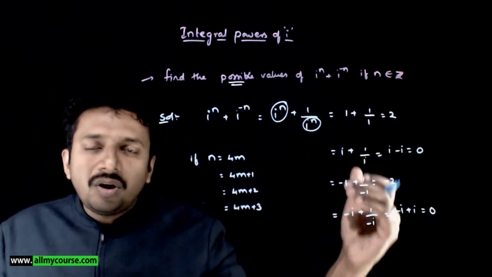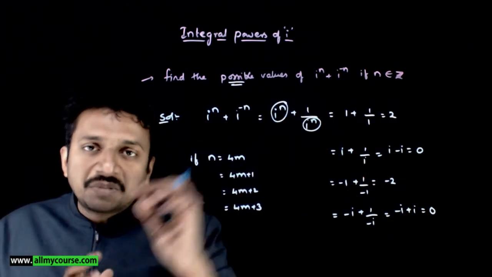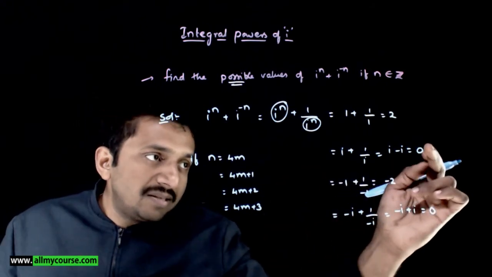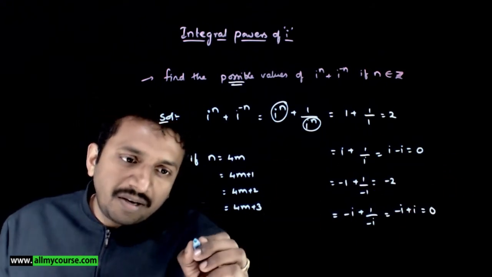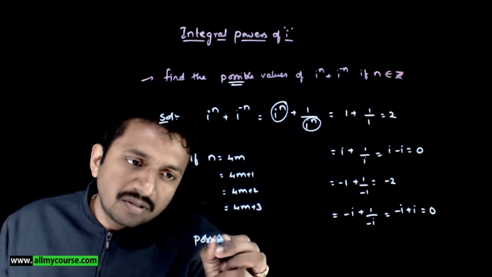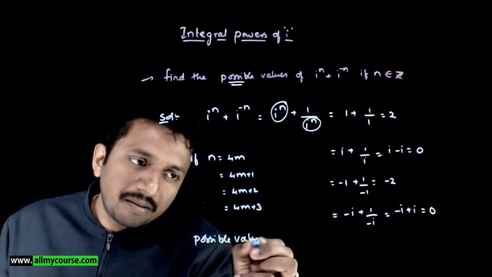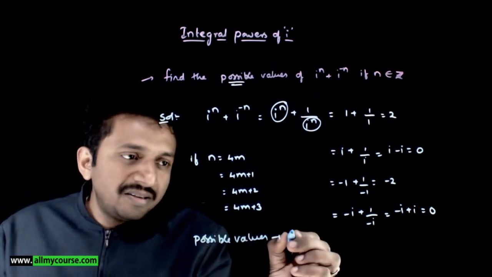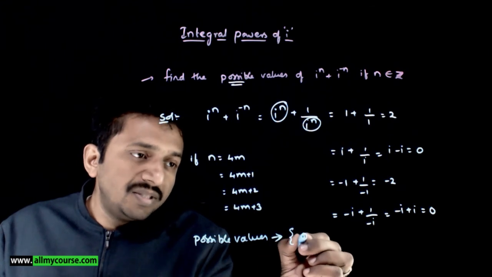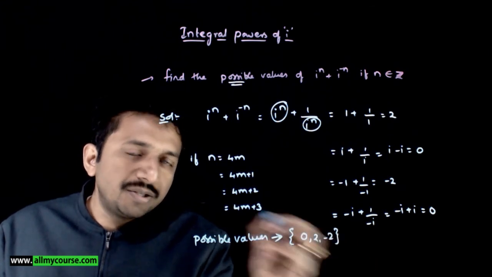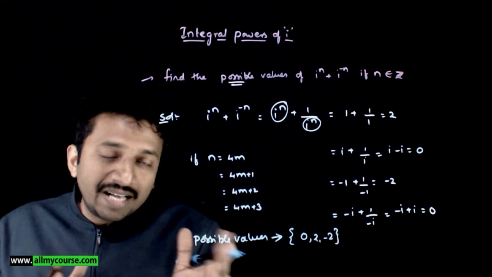So these are the 4 different values possible for this expression. But as you can see, these two are same. So effectively, the possible values are nothing but 0, 2 and minus 2. So that's the answer to this question.